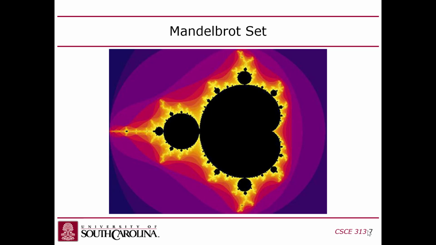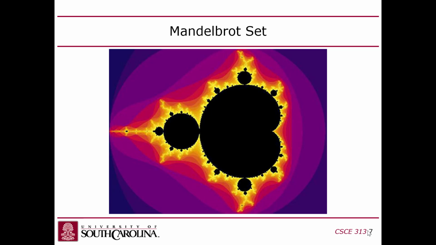So if you put a circle around the origin that has a radius of 2, as long as the value of the Mandelbrot polynomial stays inside that circle, you're still inside the boundary, right?